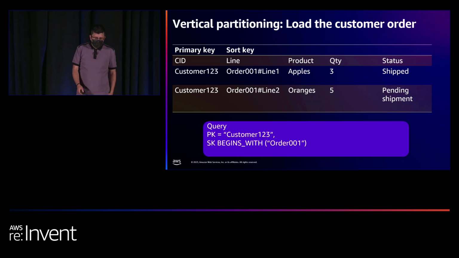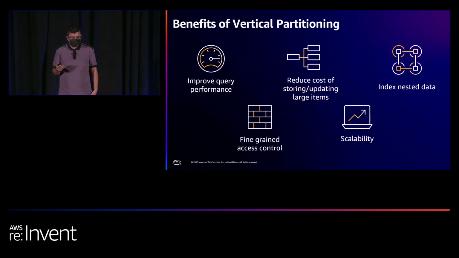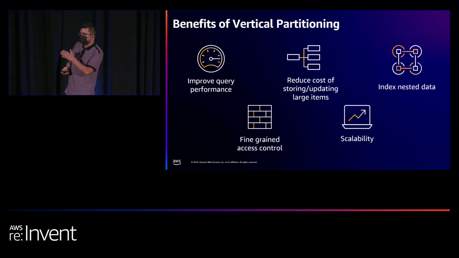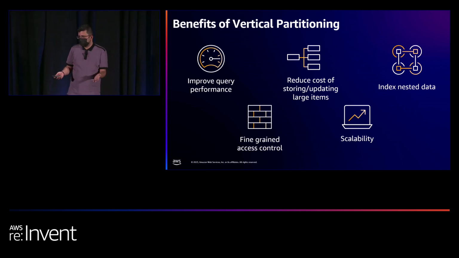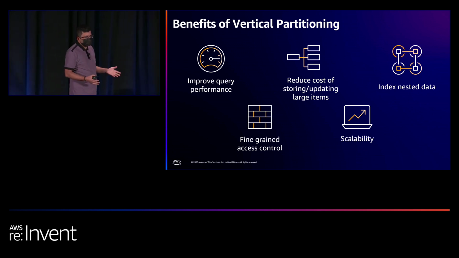So, quick recap, benefits of vertical partitioning. Improved query performance, as we looked at, now you're doing specific reads and writes for the items. If it is 1 KB, only that 1 KB item is going to be loaded, so your performance will be super fast, because DynamoDB is designed for single-digit millisecond latencies on the client side, right?